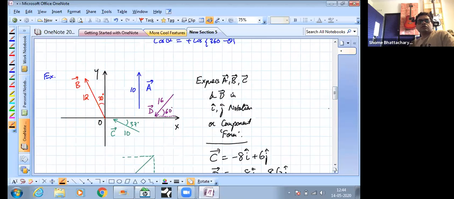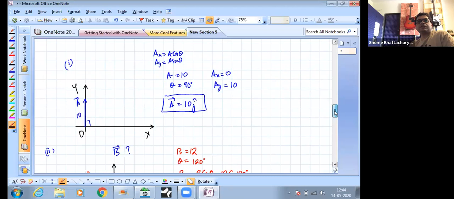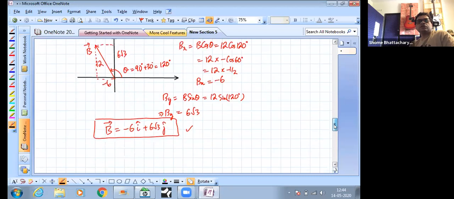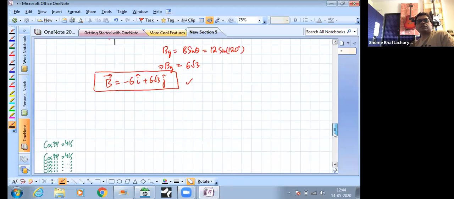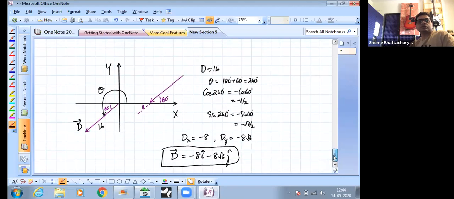So one by one we have solved each of the parts. Vector E became like this. Vector B was minus 6 i cap plus 6 root 3 j cap. Vector C was also in the second quadrant, minus 8 i cap plus 6 j cap. Vector D was the one which was in the third quadrant.